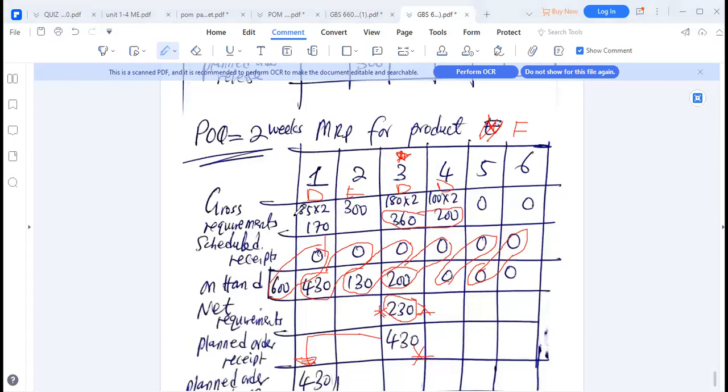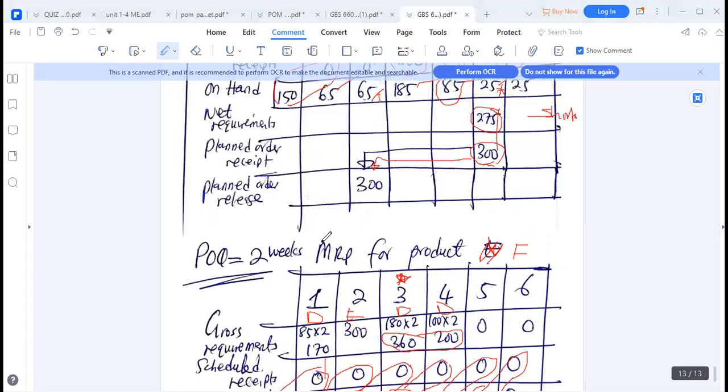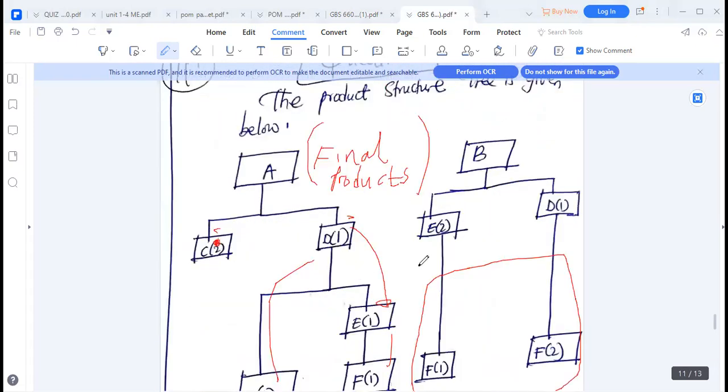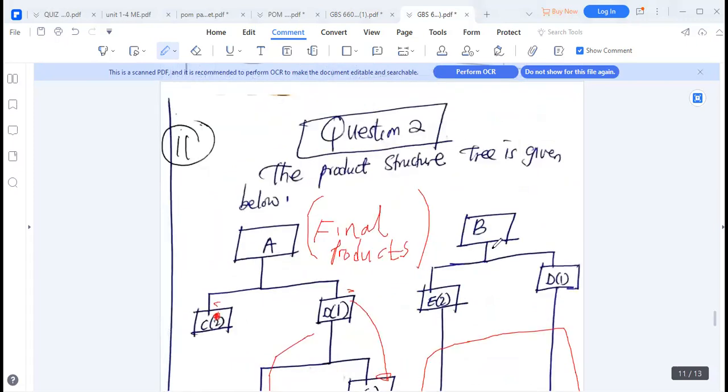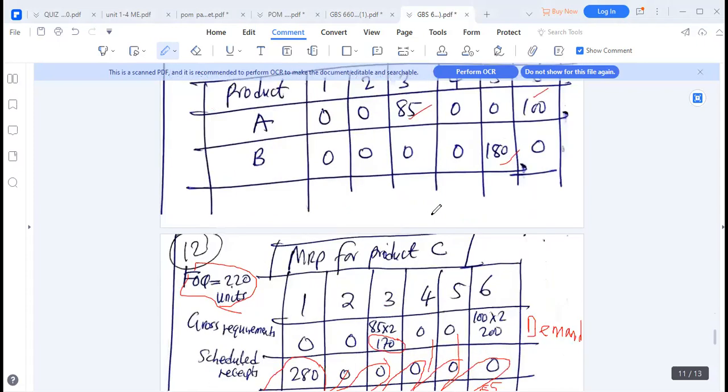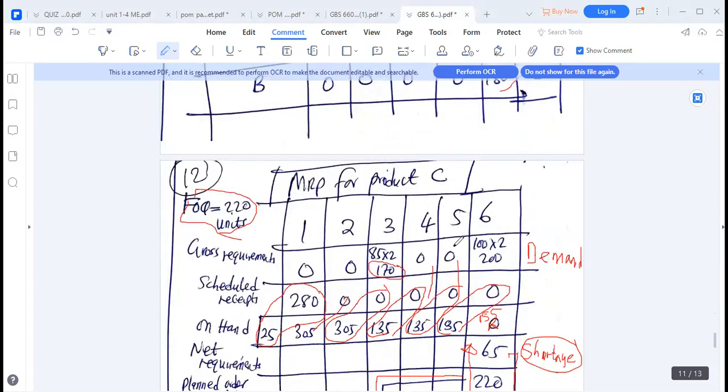It has 6 components that we need to know, and the aspect of lead time is very important. But among all of them, the important point to note is the product structure tree, because if this tree is wrong, it will affect the preparation of MRP for each of these products, C getting down to F.